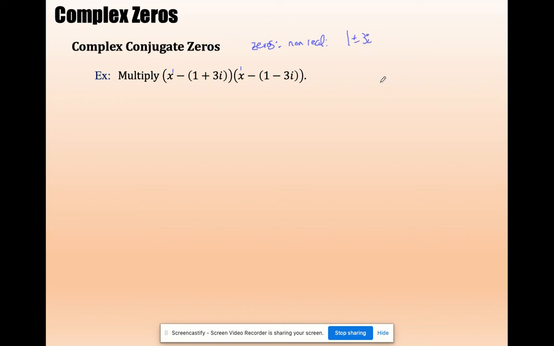So 1 plus and minus 3i are zeros, which means plugging in 1 plus or minus 3i for x will give me 0. But this is asking me to multiply it out. These are the linear factors. And my goal is to multiply. So I want to get rid of parentheses.